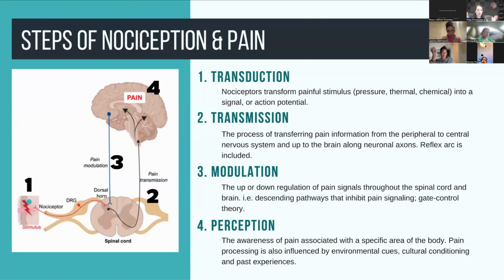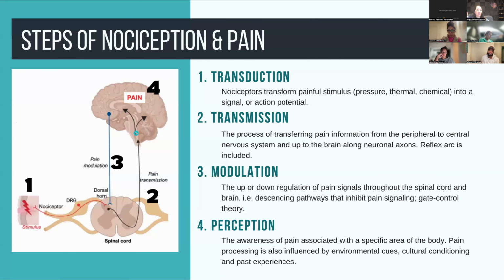So from the periphery to the spinal cord and goes up the spinal cord to the thalamus. And the thalamus is like a relay center in the brain, takes those signals and just shoots those to a lot of different areas in the brain that control our awareness and unpleasantness of that signal.